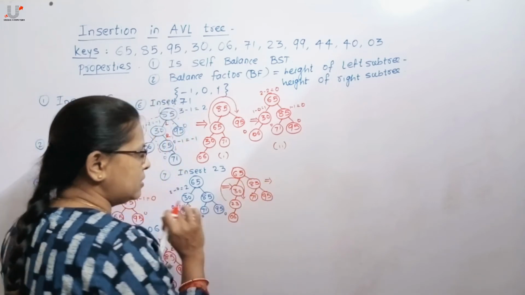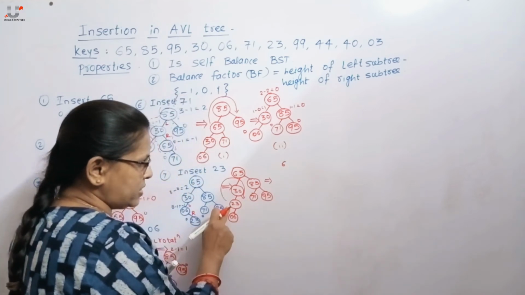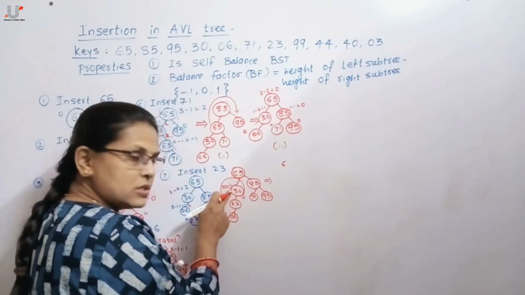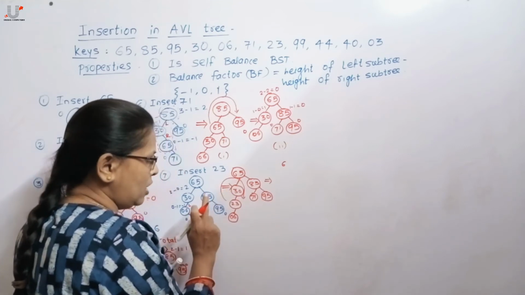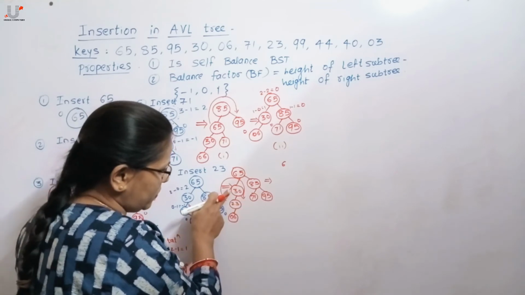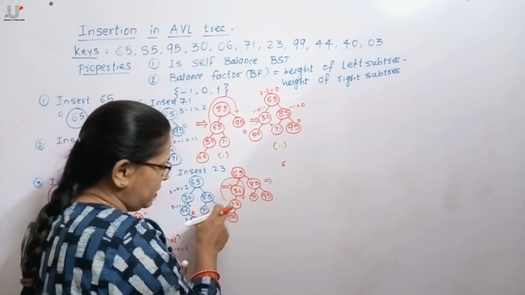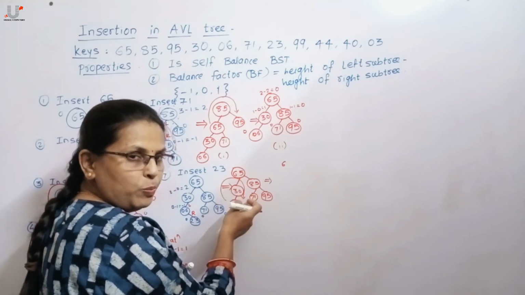After applying one right rotation, 23 becomes the new parent and 30 pulls down.